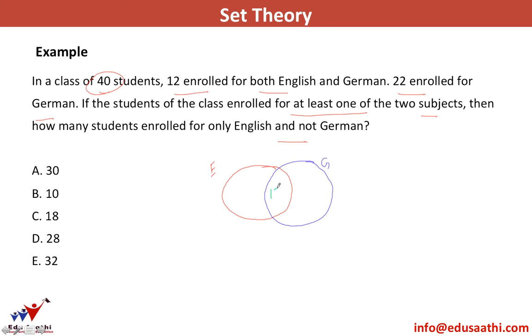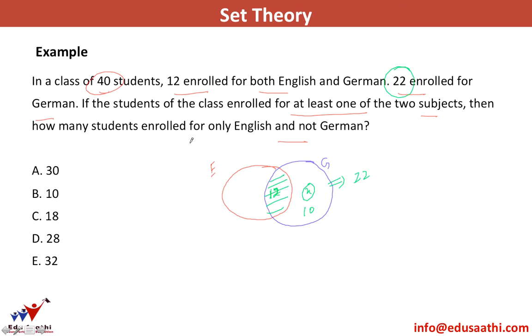So this intersection region here is 12. 22 enrolled for German. So this region plus this region here, x is equal to 22. So x here becomes 10. Now in this circle for German, the total number of students is 10 plus 12, which is 22, which satisfies what is given in the question.